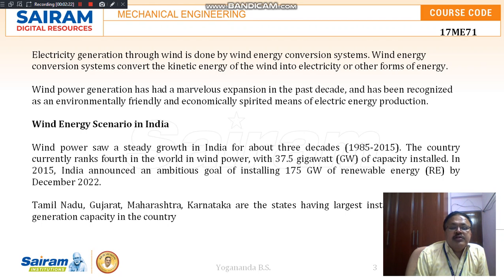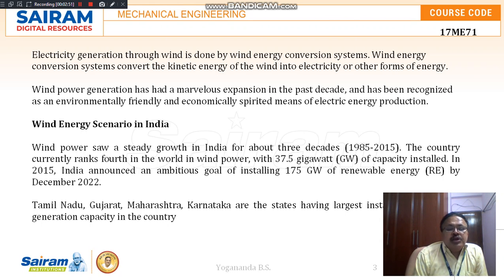This conversion system will convert the kinetic energy of the blowing wind into electricity or other forms of energy. Wind power generation has had a marvelous expansion in the past decade. Wind power is recognized as an environmentally friendly and economically viable means of electricity production.